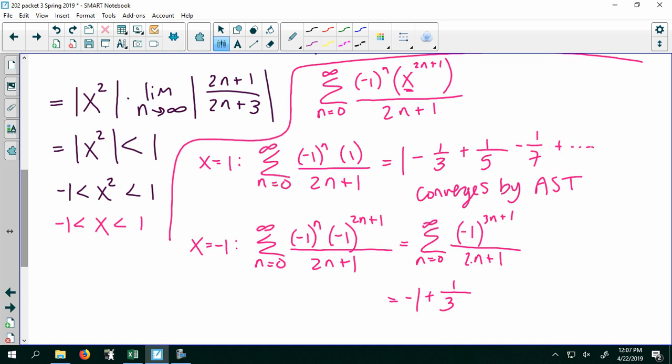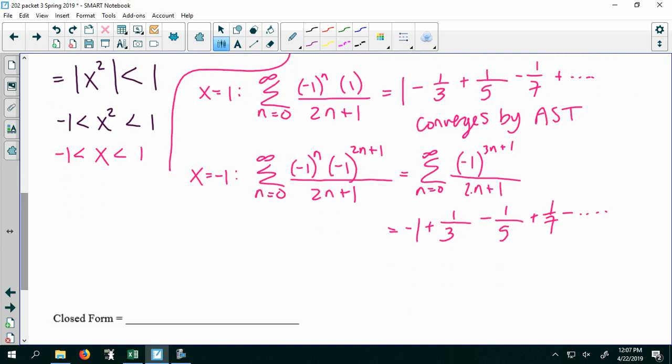When n is 2, 3 times 2 is 6, plus 1 is 7, so I get a -1 in the numerator, and 2 times 2 is 4, plus 1 is 5, and then I'm going to get +1/7, minus, and so on. So this also converges by AST.